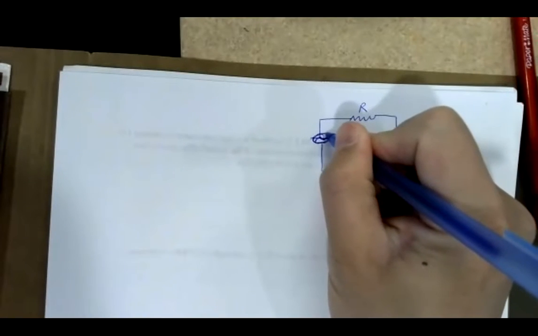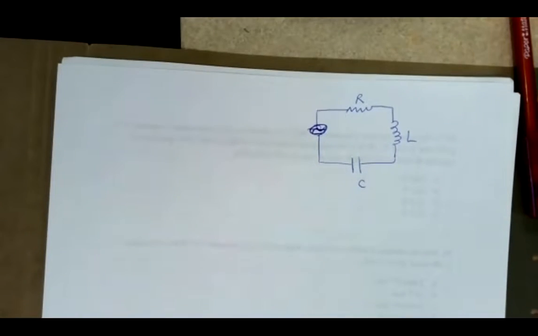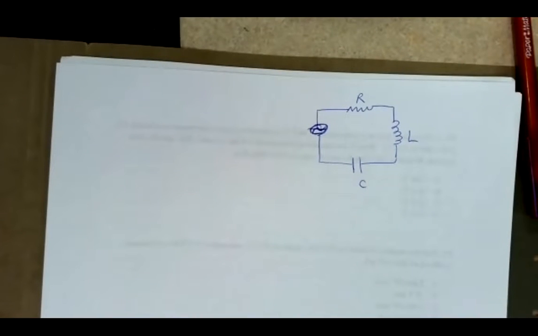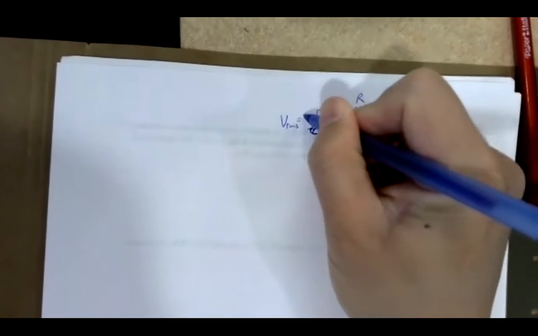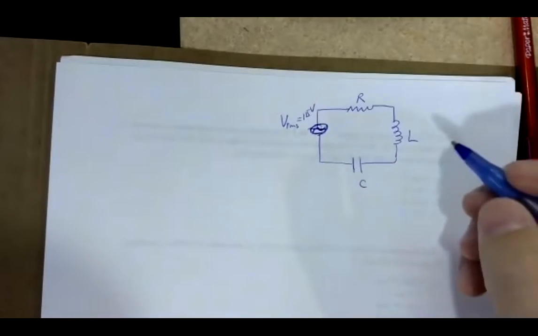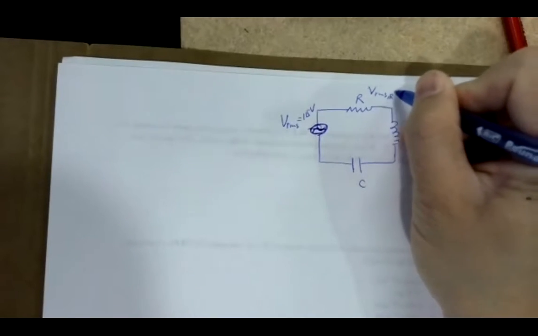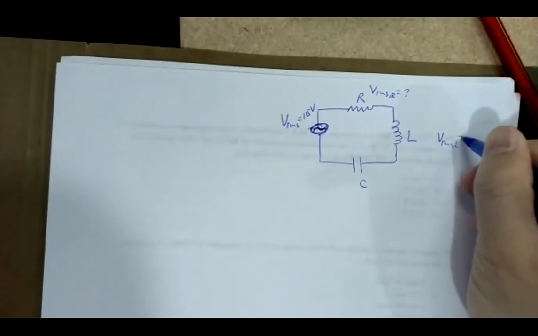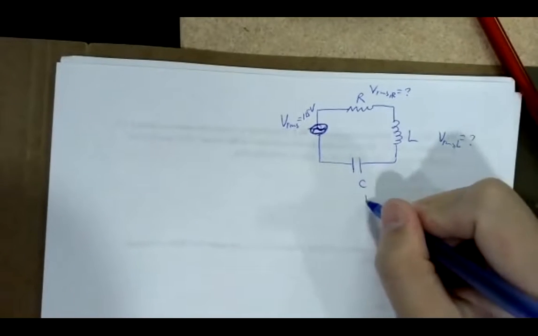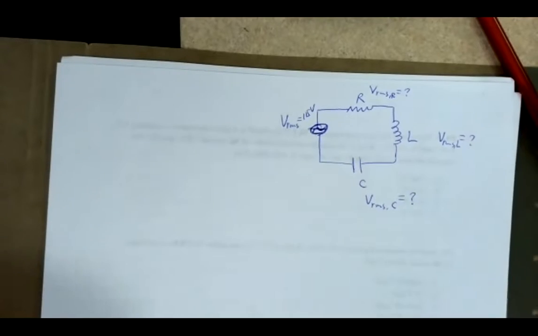A battery is a DC supply, so that's not the correct power source. It tells you VRMS is equal to 115 volts. So what would be the VRMS on the resistor, the VRMS on the inductor, and also the VRMS on the capacitor?